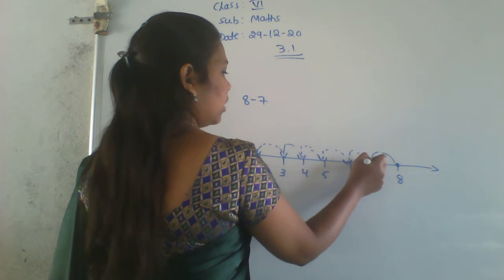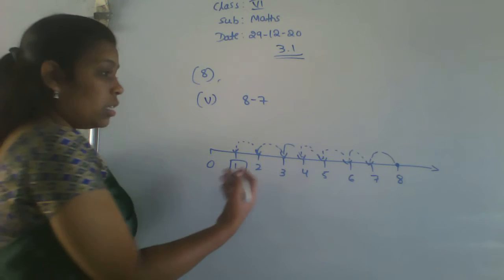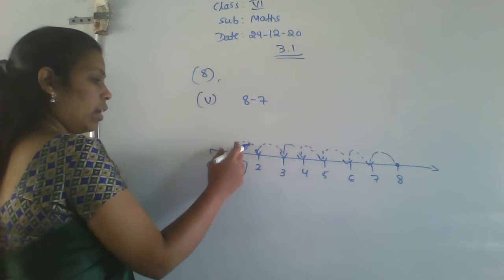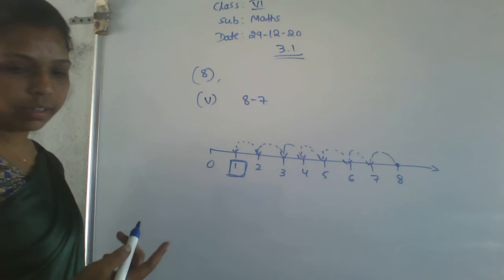Whenever minus is there, you have to take reverse. What is the answer you got? 1. 8 minus 7 is 1. We know that one. Right?